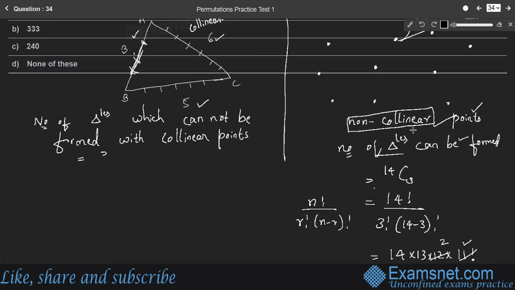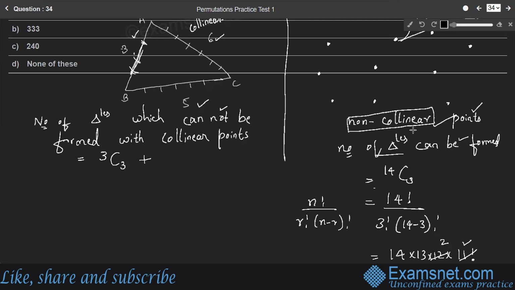Therefore, we have to pick 3 out of 3, so 3C3 triangles cannot be formed on AB, with collinear points, right?